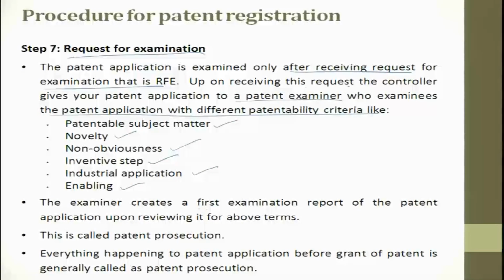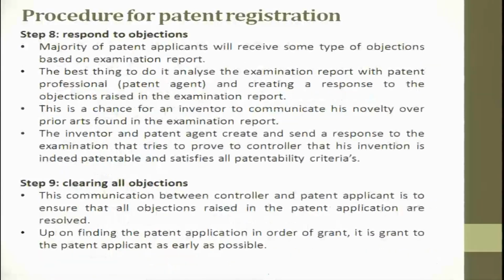The examiner creates a first examination report upon reviewing the application. Then it is called patent prosecution. Everything that happens to a patent application before the granting of the patent. Before grant of the patent is generally called patent prosecution.